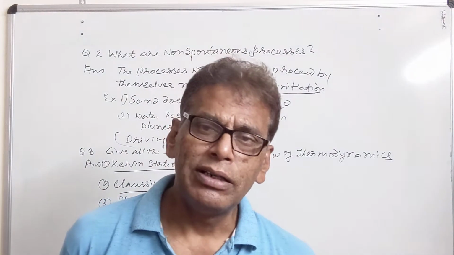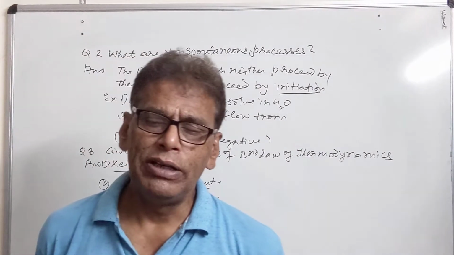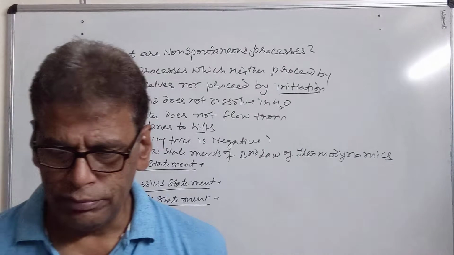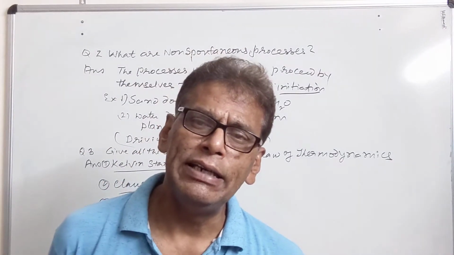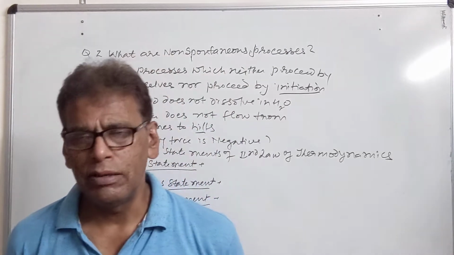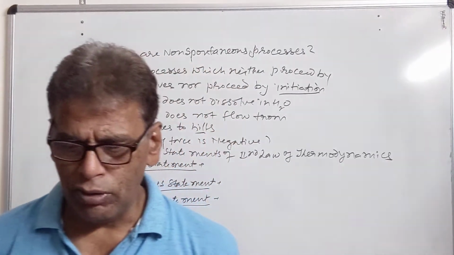So we cannot construct any self-acting machine which can produce work without producing any change in the surroundings. Whenever work is done, there are some changes, which are appreciable in the surroundings also.